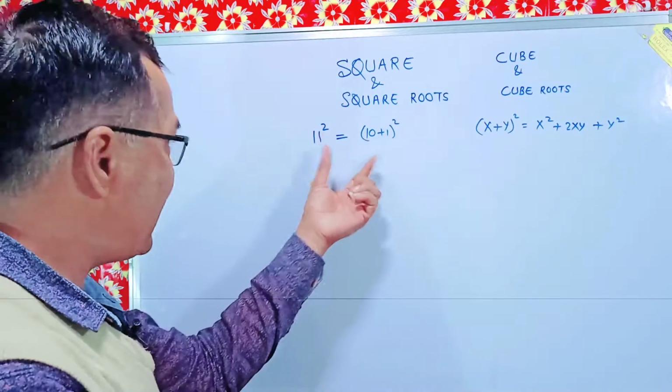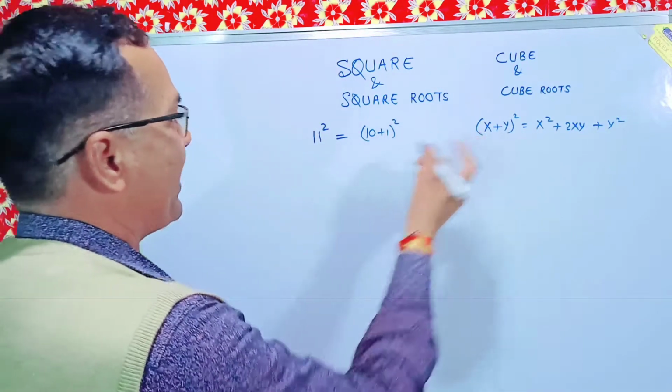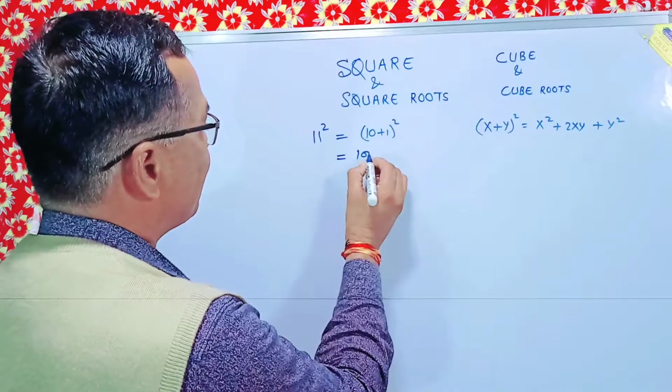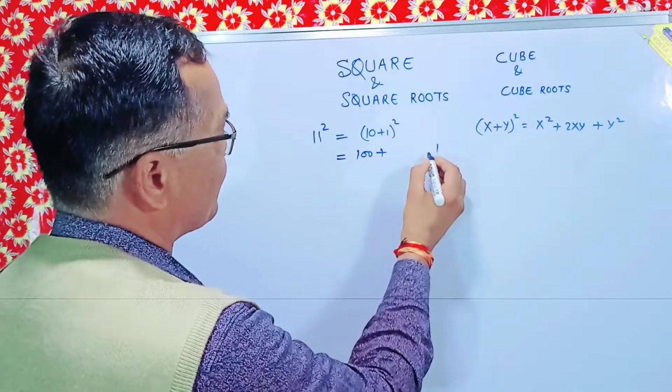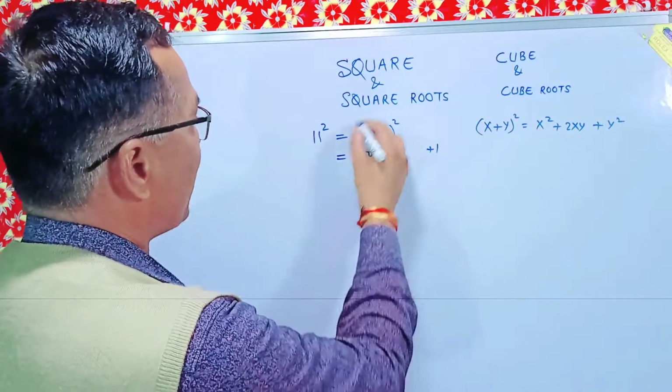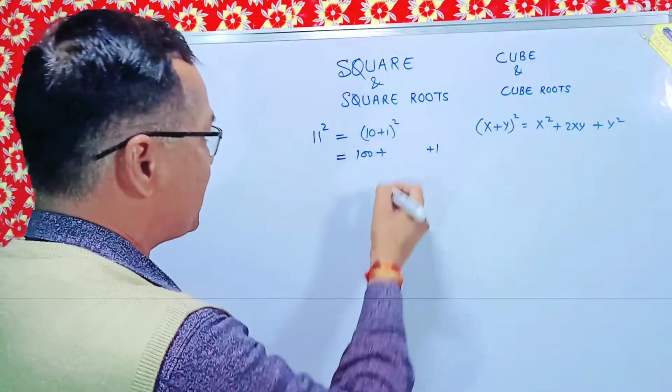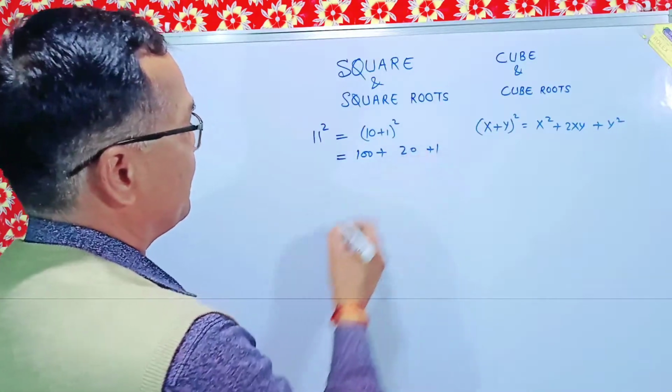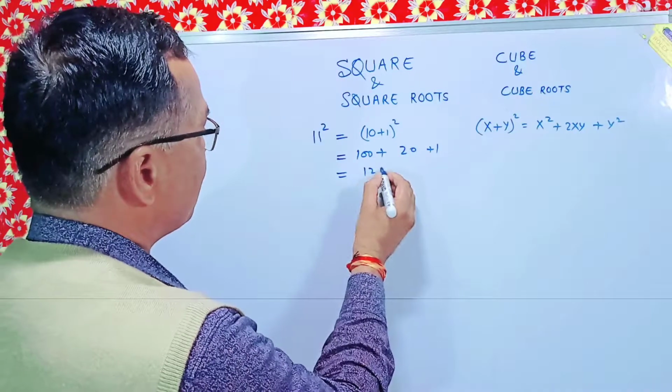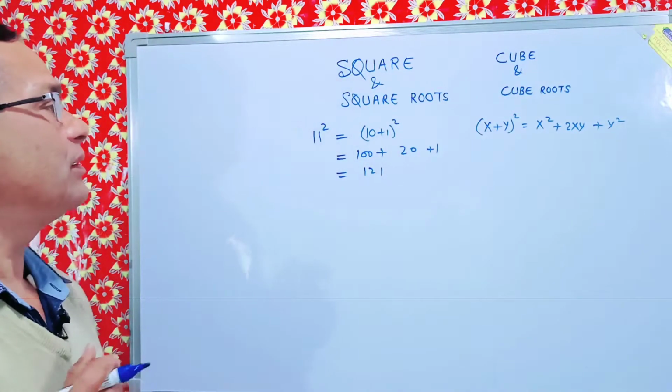So based on this concept, we get 100, plus 1 in the last, plus twice of these numbers, 20. So this gives us 121.